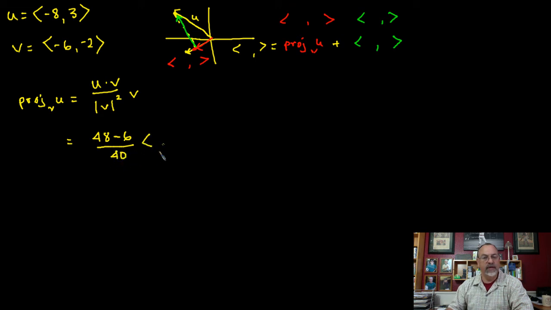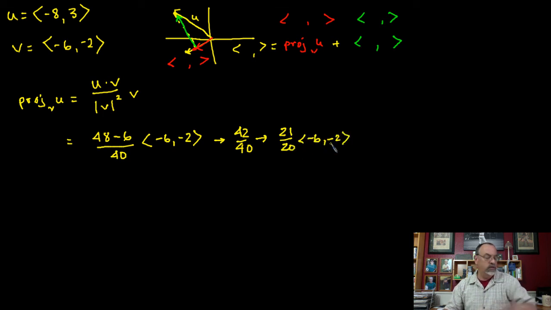And then I'm going to multiply that times the components of the v vector. Okay, so 48 minus 6 is 42 over 40, and then I can reduce that dividing both by 2, so that's 21 over 20 times the v components, which will give me the projection vector components.